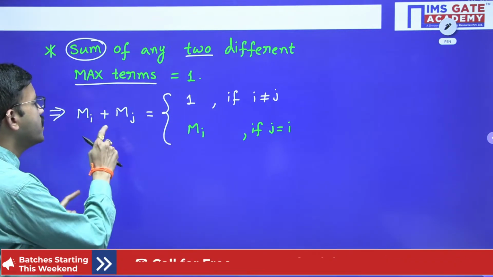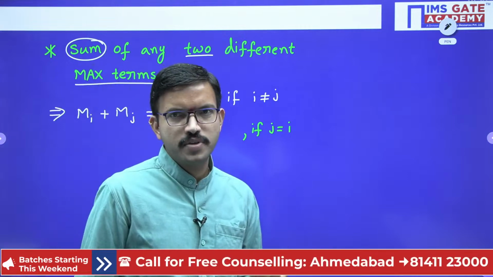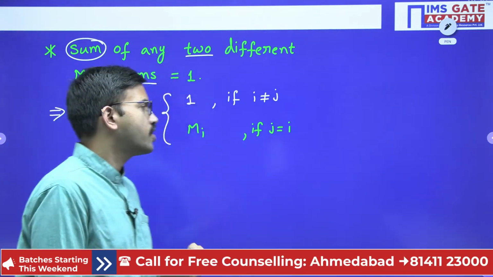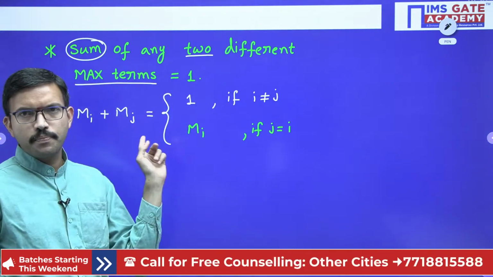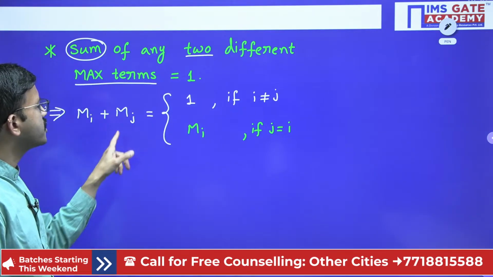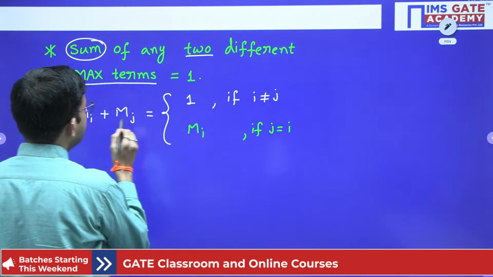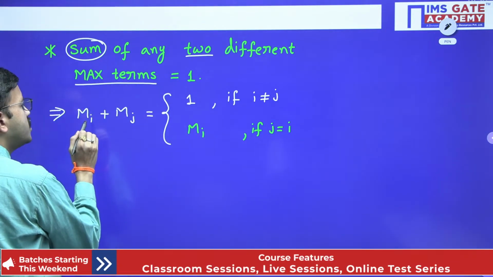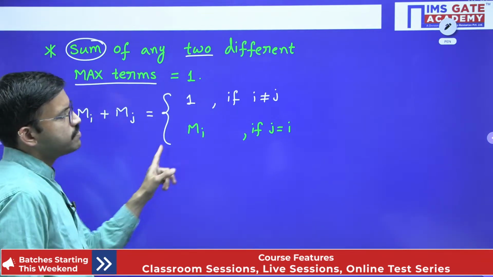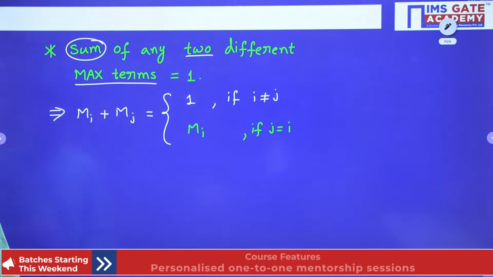Wherever you have the plus symbol, that is the logical OR operator. 1 plus anything is 1, or x plus x is x, like that. Logical OR operation we are performing. If j is equal to i, then you will get Mi. Suppose if i equals j, then Mj plus Mj is nothing but Mj, like that.